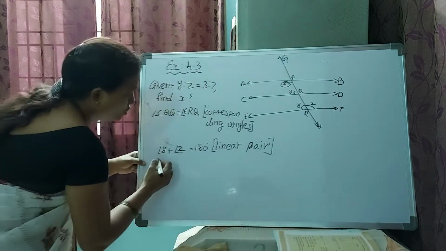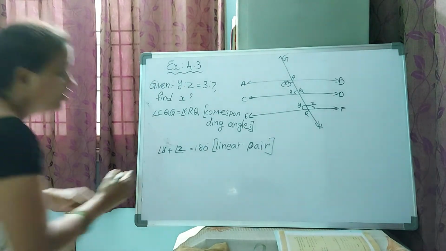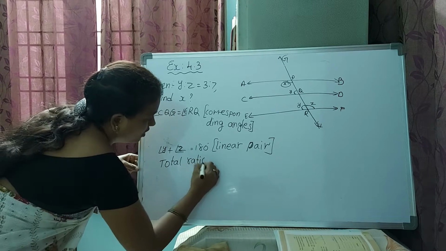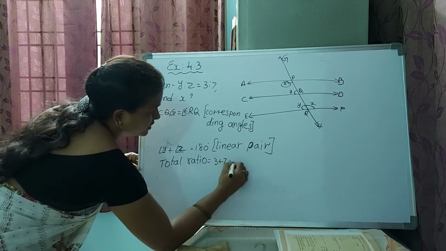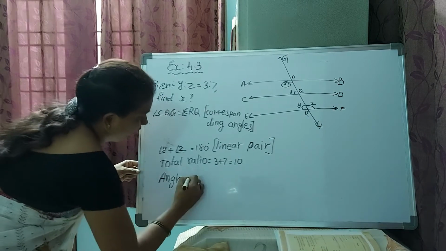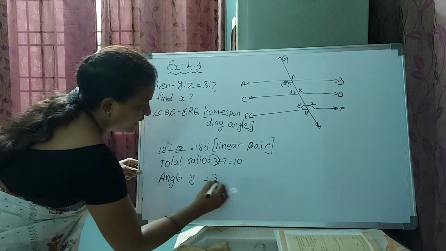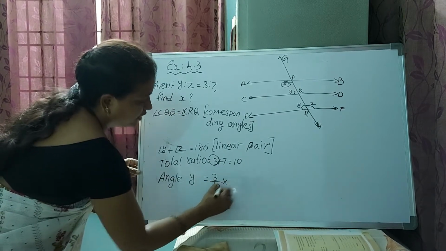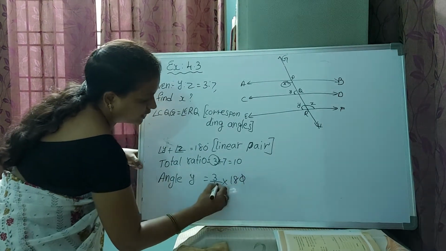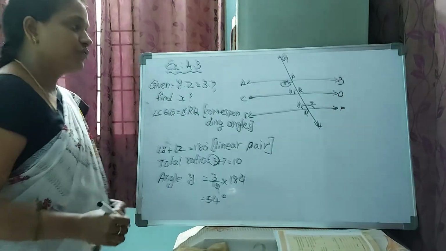So angle y and angle z are in the ratio 3:7. What is the total ratio? 3 plus 7 is equal to 10. Now angle y is 3 by 10 into 180. The 0 gets cancelled, 18 threes are 54 degrees. Angle y is 54 degrees.